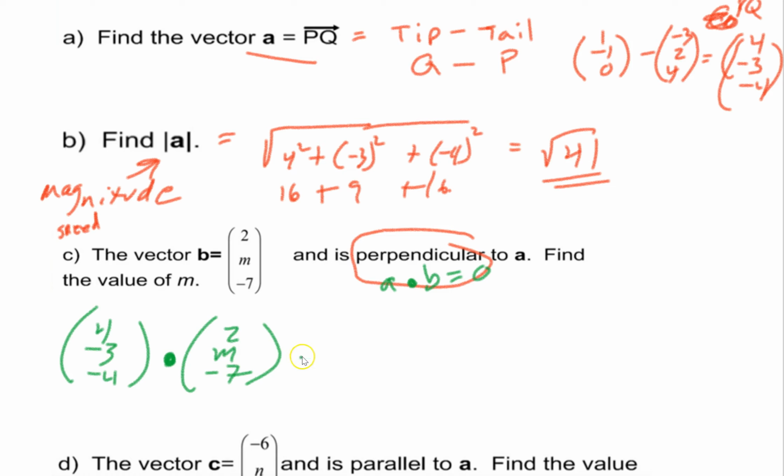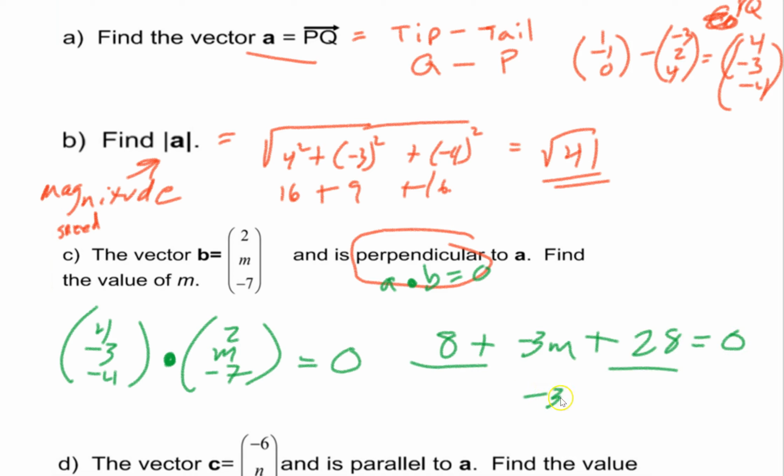The way you do a dot product, you multiply across. So 4 times 2 is 8, plus negative 3 times m is negative 3m, plus 28, equals 0. Now since it's a simple algebra problem, I can add these together. Negative 3m plus 36 equals 0. Subtract 36, divide by negative 3, m equals 12. So m is 12 in that case.